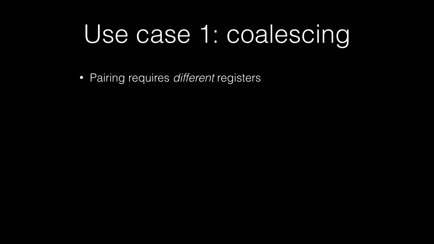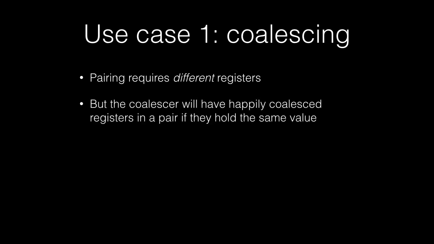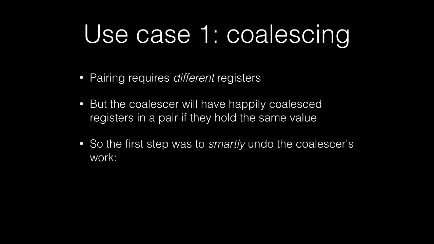The problem is that the coalescer will have coalesced happily those pairs if they hold the same value. So the very first thing which we had to do was to undo the coalescer's work for those instructions. And of course, we have to do that smartly, because register is a scarce resource, and we have to spare that.